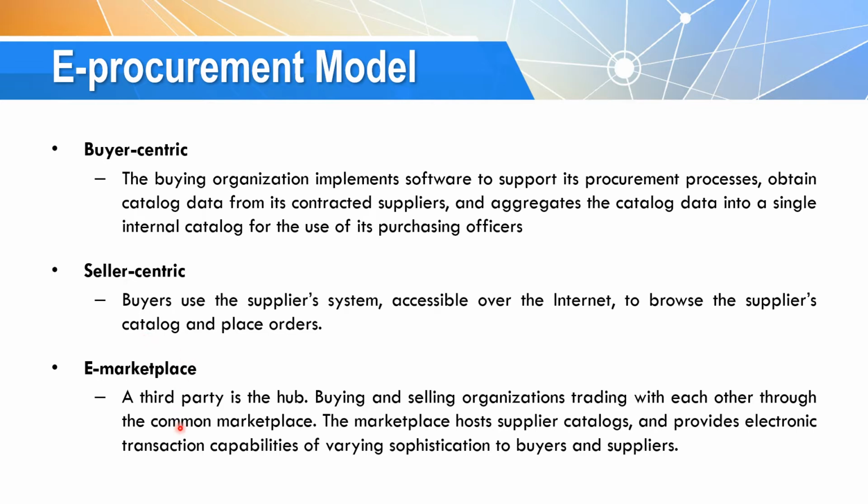And third model is e-marketplace, where a third party is the hub. Buying and selling organization trading with each other through the common marketplace. The marketplace hosts supplier catalogs and provides electronic transaction capabilities of varying sophistication to buyers and supplier.